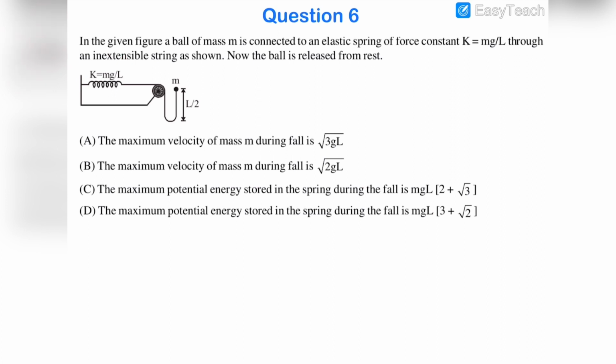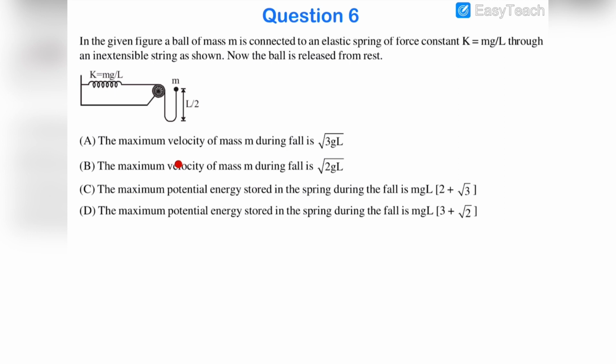So if the ball is released from this point, then the ball first goes to this point, then it moves L by 2, and then also L by 2, then it starts to pull this string. So the ball moves L by 2 and L by 2, which is L, and till this point the tension is 0.